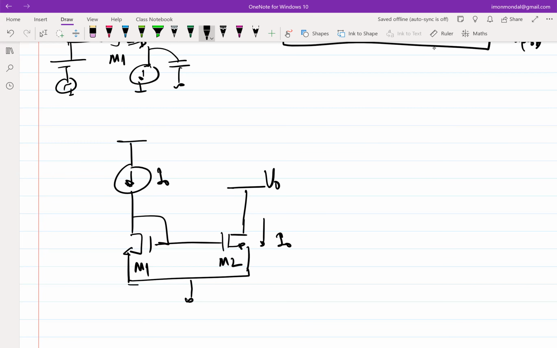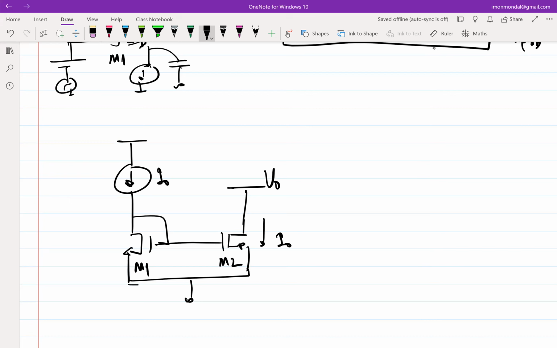Because now for your transistor, if you are not neglecting channel length modulation, the current is a function of both VGS and VDS. So lambda VDS terms will come. It's always a function, but if we want increased accuracy in the current mirror, we should also take into account whether the VDS of both sides are identical or not.